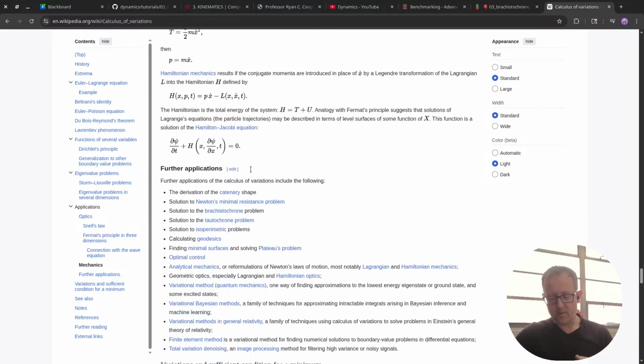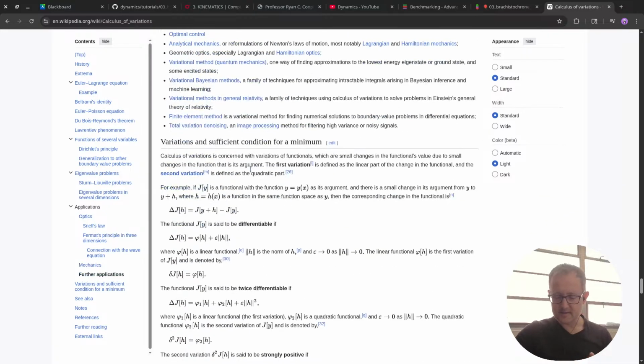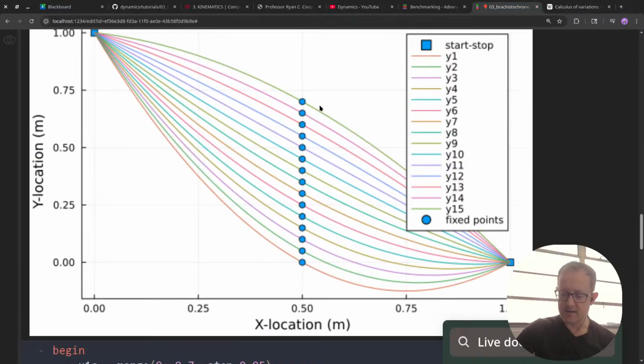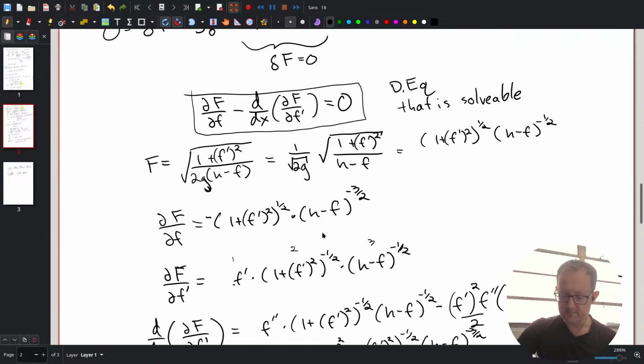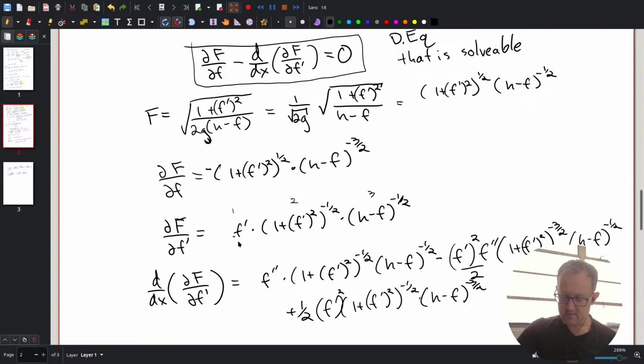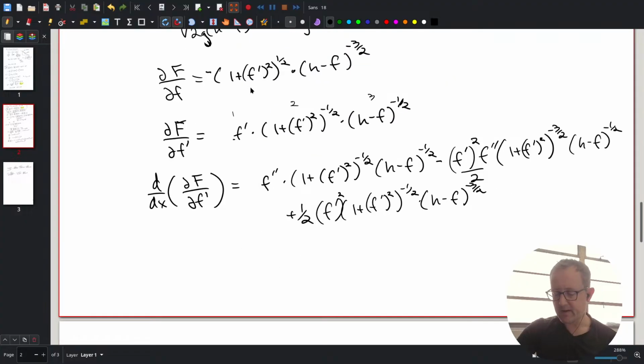And really, I went the long way to do this, but there's an extra identity that you can use, which is some other math. But we don't have to get into it, since all the functions here for the most part are f double primes and f primes, we should be able to simplify this.